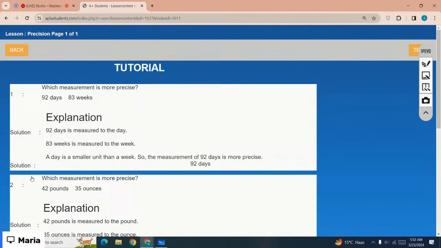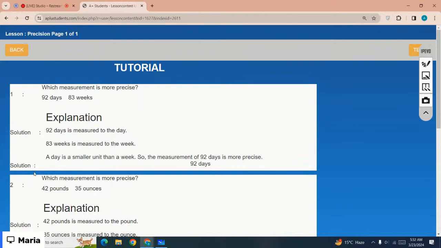So the correct option is the correct option.